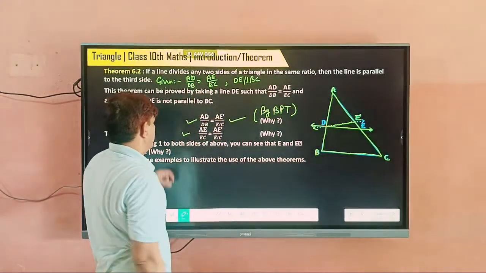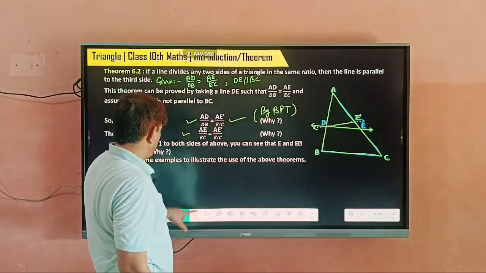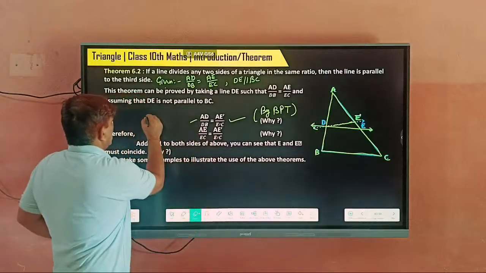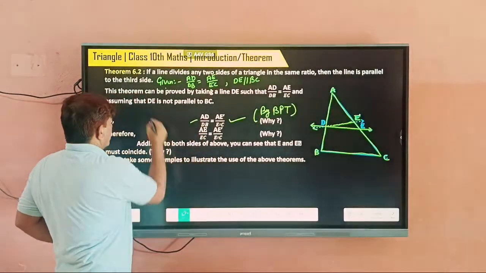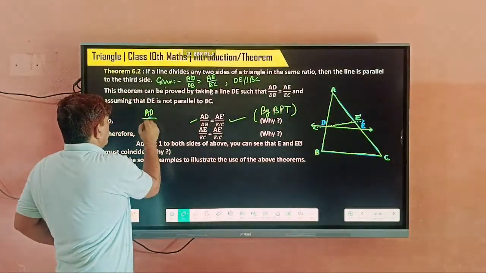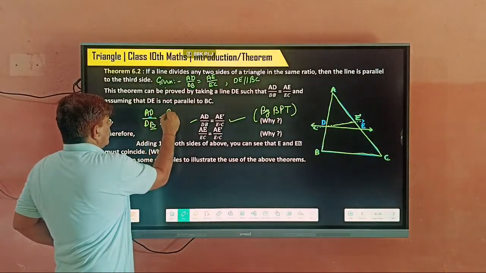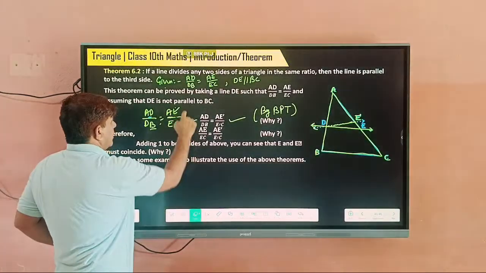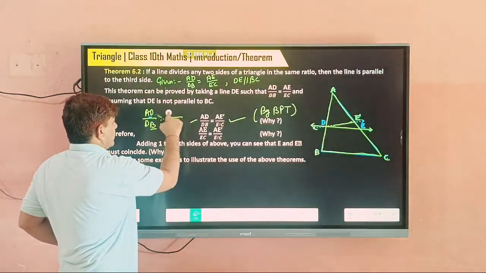Then what can you say? But what is given? AD by DB is equal to AE by EC.